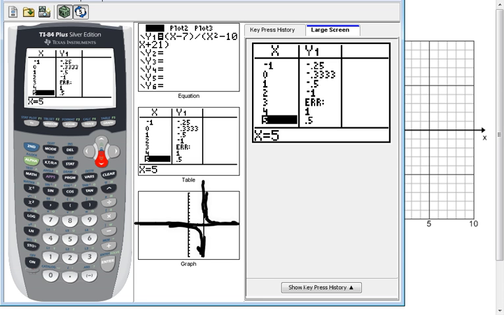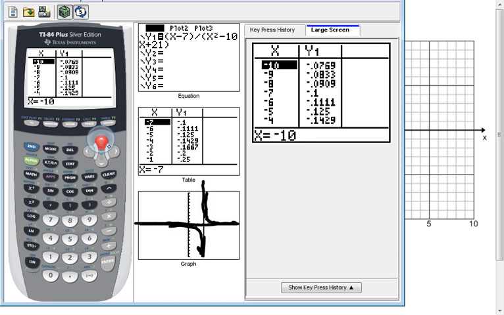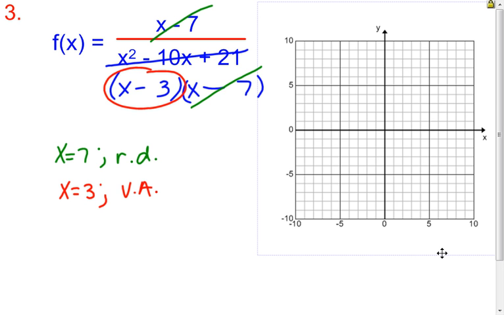And if you scroll all the way down low like this, you can see that your numbers are getting closer and closer and closer to 0, but they never actually touch 0. Okay, so you have a horizontal asymptote at 0 here. Okay, and you're going to get that from your table. So y equals 0 is your horizontal asymptote.